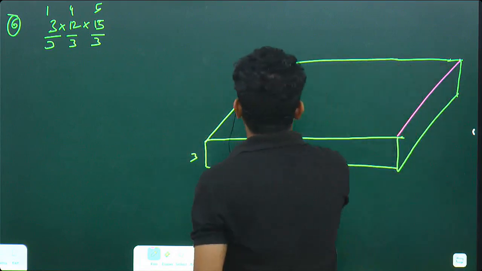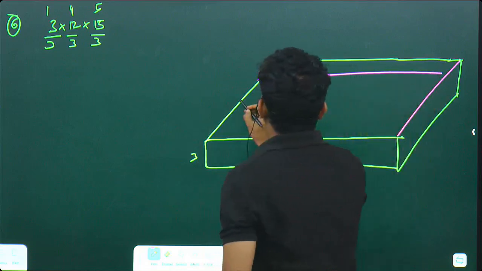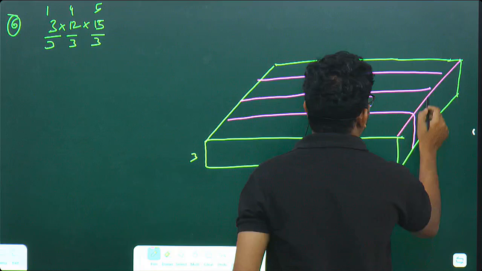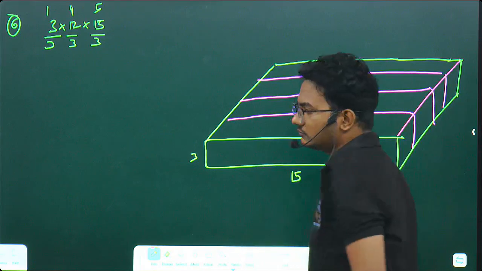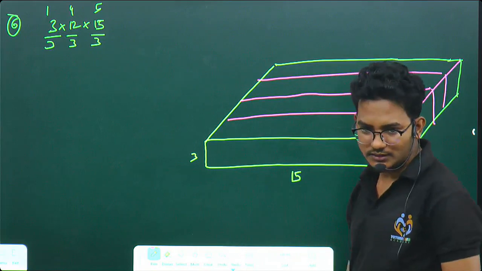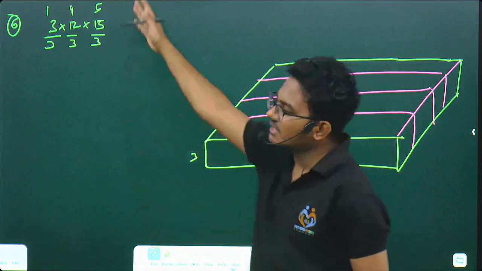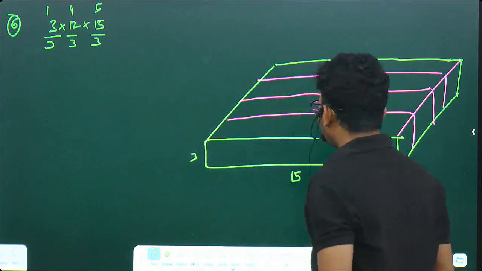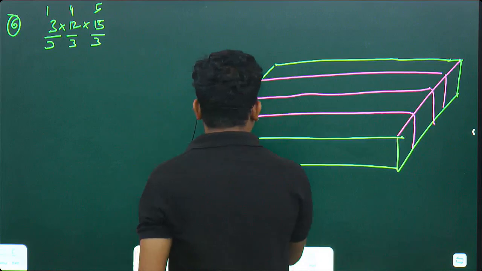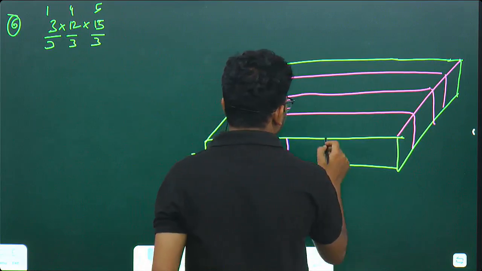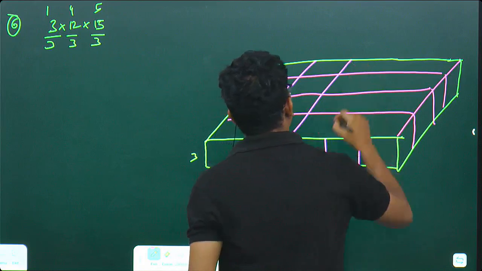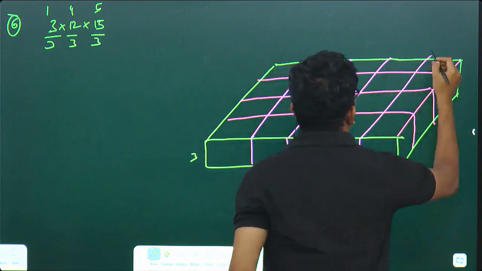So here I need to make 1, 2, 3 cuts. And for this 5 parts, I need to make 4 cuts. So 1, 2, 3, 4.